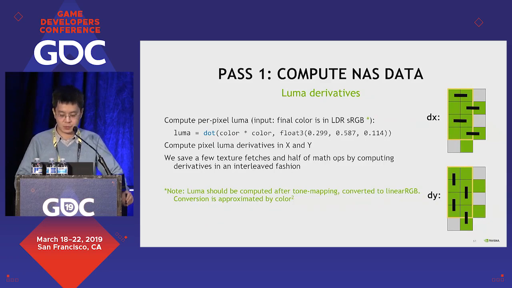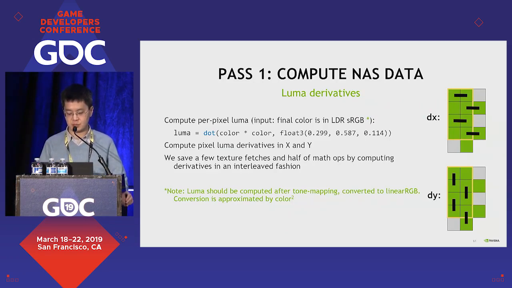So this is pass one. And in pass one, the most important NAS data we compute is the luma derivatives. We first need to convert the per pixel final sRGB color into linear luma value. Then we compute the per pixel luma derivatives in X and Y. And as I said in the last slide, each thread computes the derivatives for a 2x4 block.